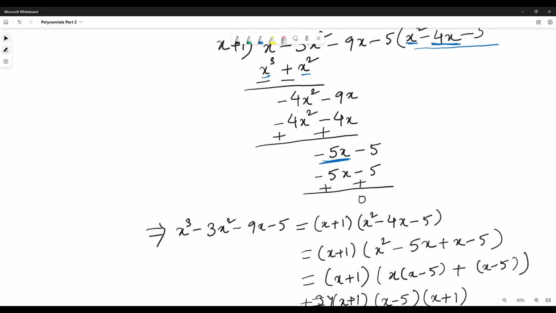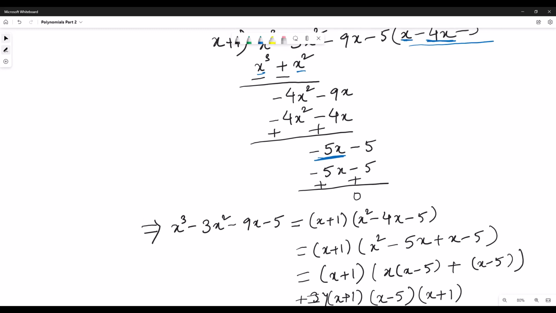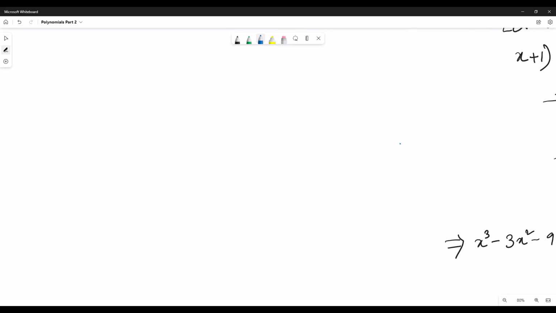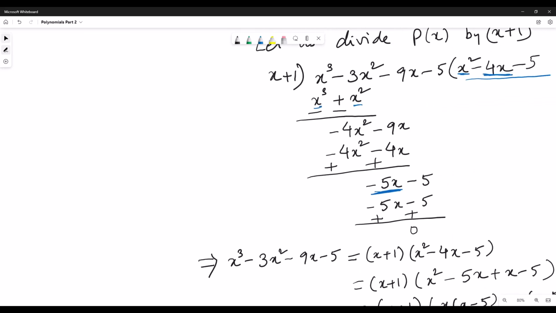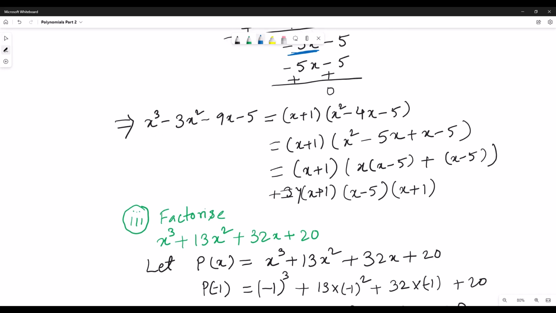When you multiply with minus 5, both terms cancel each other. So you get the remainder as 0. So the polynomial can be written as divisor x plus 1 into quotient plus remainder, that is 0.